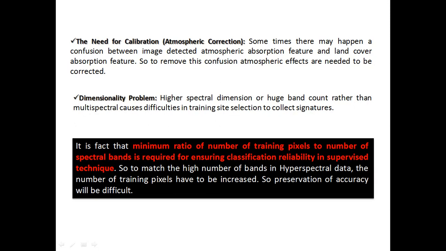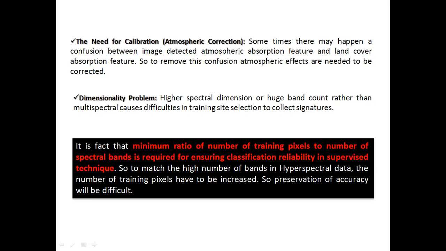To discriminate these, spectral calibration or atmospheric correction is needed. In the case of multispectral, we do not get such problems, because in multispectral images the spectral resolutions are not as fine as those of hyperspectral or superspectral, and this kind of problem is only pertinent to fine spectral resolutions like hyperspectral datasets.